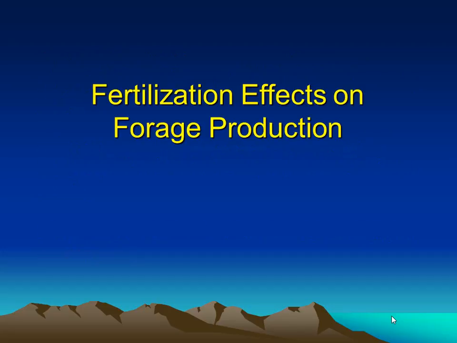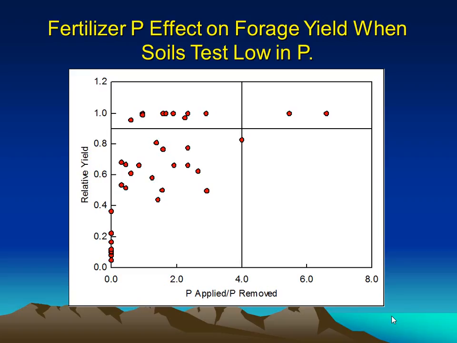So let's jump over and talk about fertilization effects. This is on a soil testing low in phosphorus. And now this is an important number. This is phosphorus applied as a ratio of phosphorus removed by your crop. Okay? So on a low testing soil, we need up to 4 times removal rate to get maximum yield. That's a lot of phosphorus.